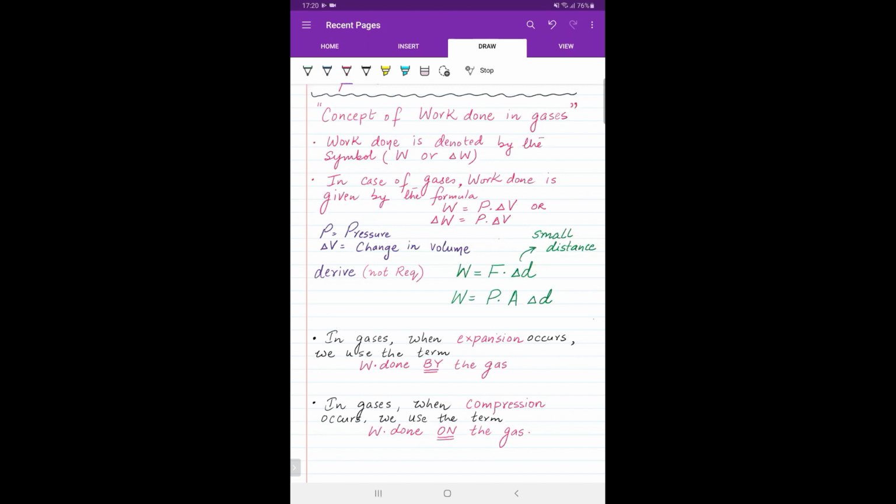Next, we know volume is given by the formula area multiplied by distance. So if volume is A times D, then A multiplied by delta D can be replaced by the term delta V, where delta V represents change in volume.